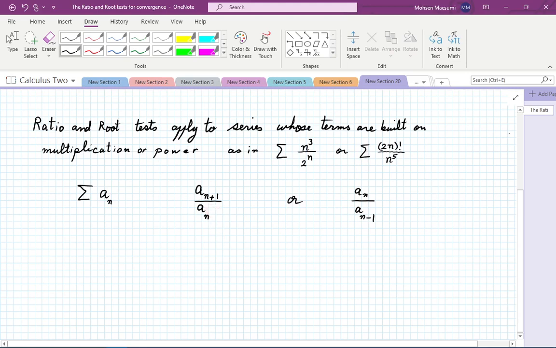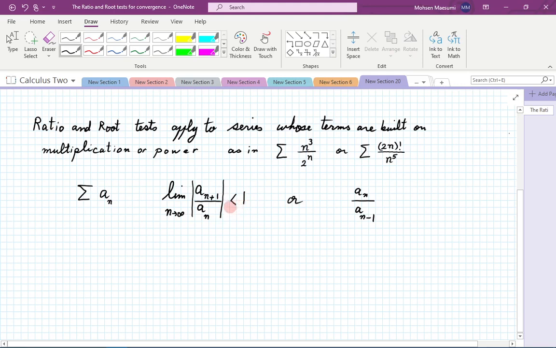If the limit of this ratio as n goes to infinity exists and it is less than 1. Now, to make the matter simpler, we just take the absolute value and ask that this limit is less than 1.